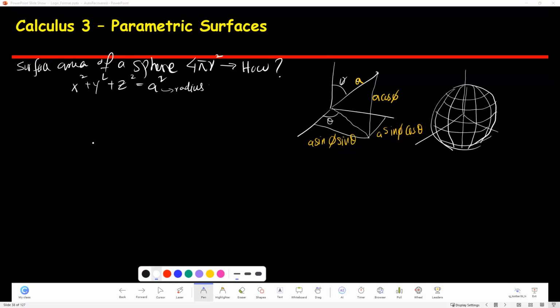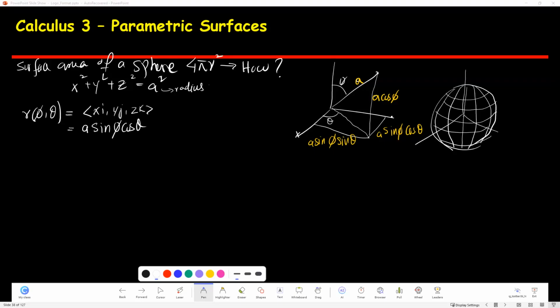Okay, I'm going to go back and write the equation r of phi and theta equals, and I'm going to write my equation in ijk form, so it's going to be xi, yj, and zk. Since we have all these components, this is my x component, this is my y component, I can just substitute the values here. It's going to look like A sine phi cos theta, that is my x, right?